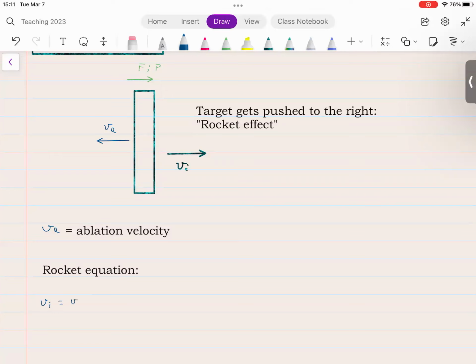It's going to be equal to V_A times the log of M0 over M. Or rather, the way people prefer, let me write it as it's normally done, just to make it a little more confusing.